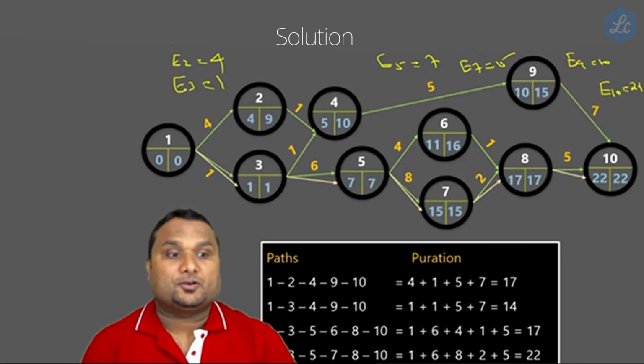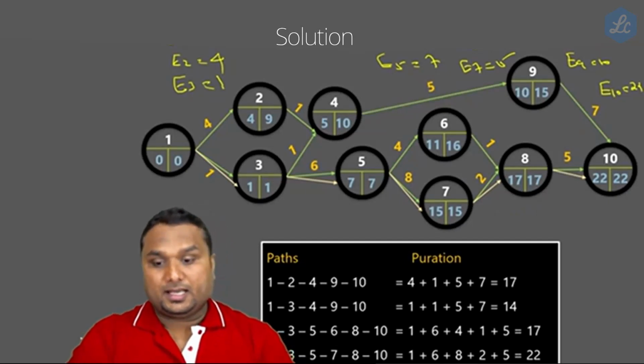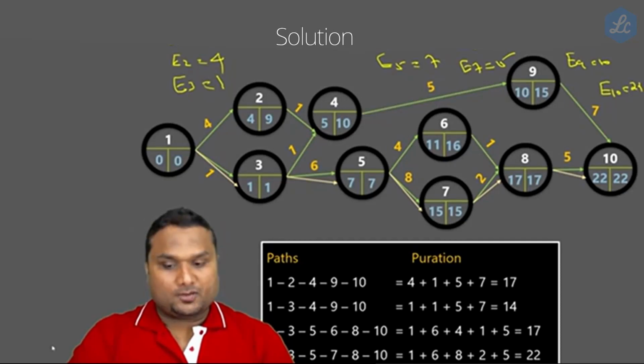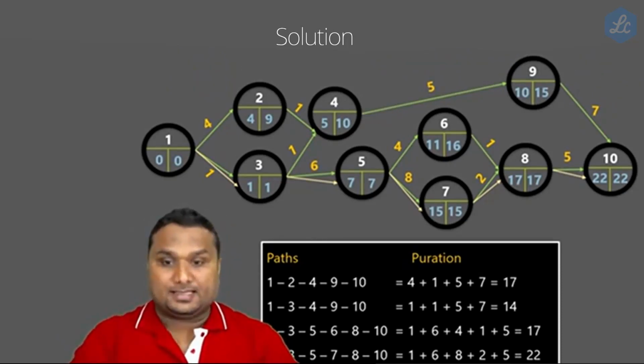This is called the earliest event time. Hope you are all comfortable. Next, the latest event time. That is the right side. L1 equals 0. Right side values: L2 equals 9. L3 equals 1.